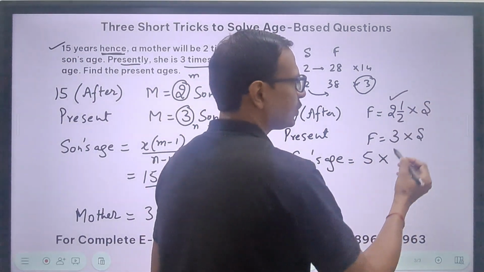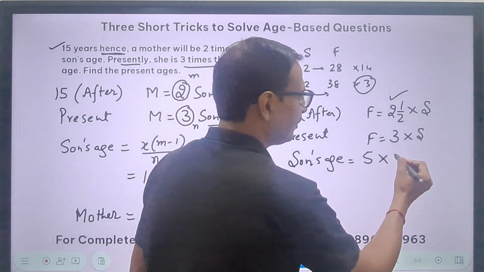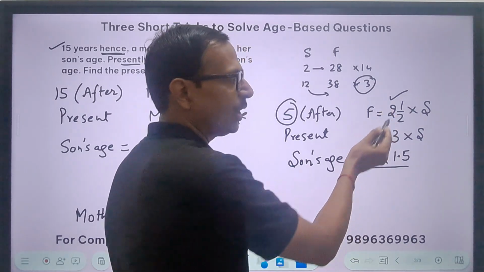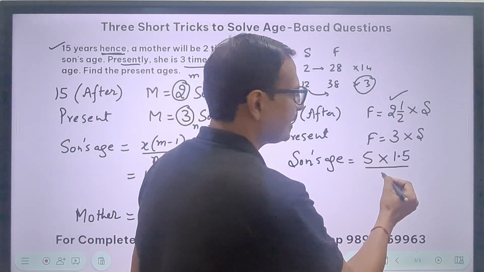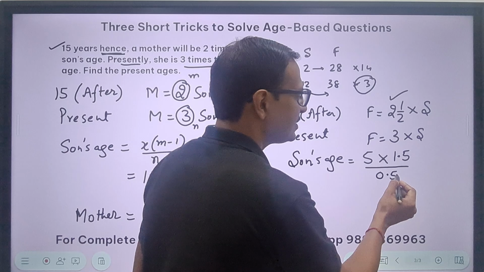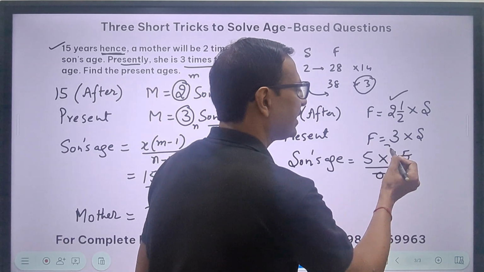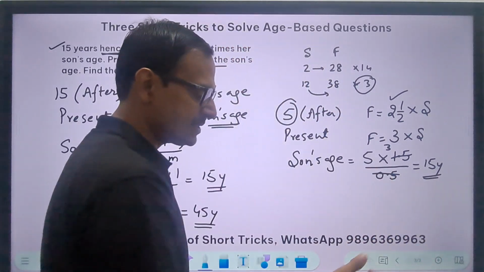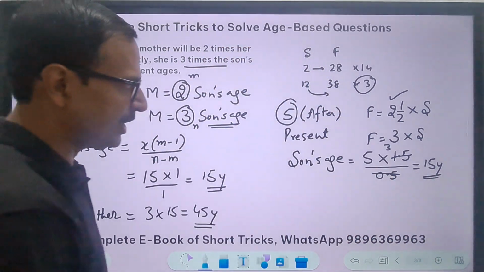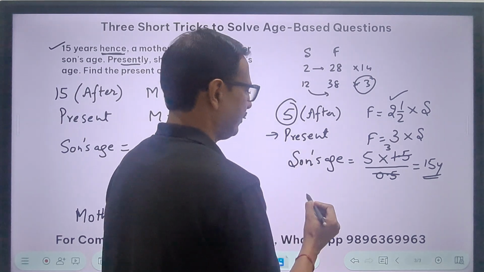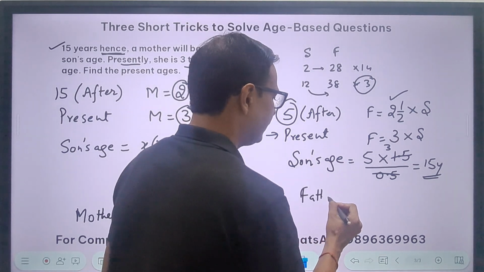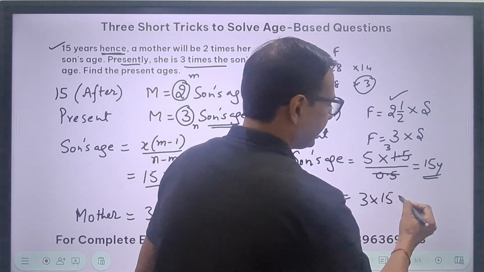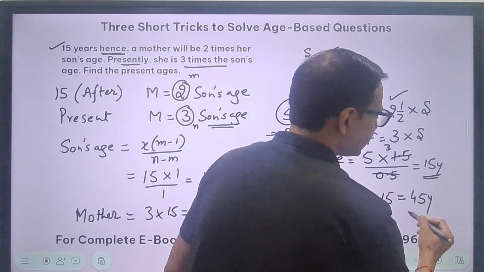This is 2.5, so 2.5 minus 1, that is 1.5, and divide by the difference. How much is the difference between 3 and 2.5? It is 0.5, and you can see 0.5 cancels 1.5 exactly 3 times. That gives you 15 years as the son's age. And if son's age is 15 years, then at present father's age will be 3 times son's age, that is 3 times 15, and that is 45 years.